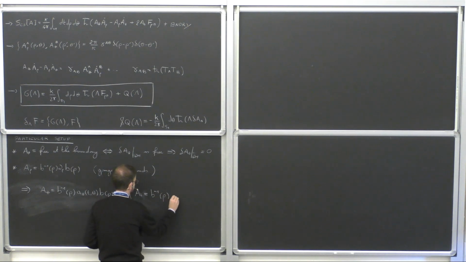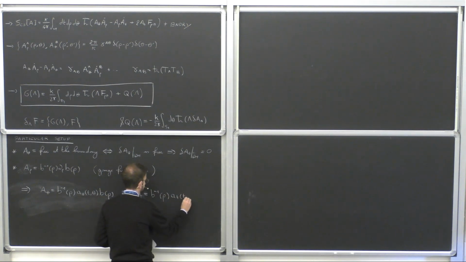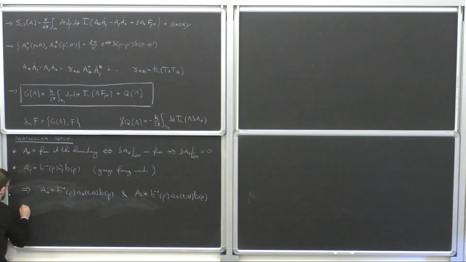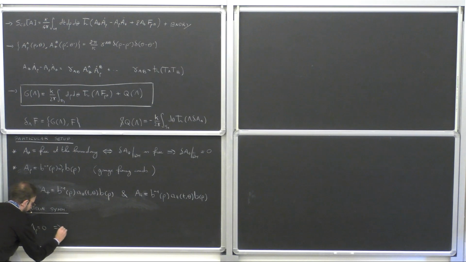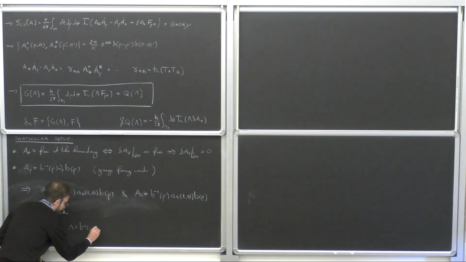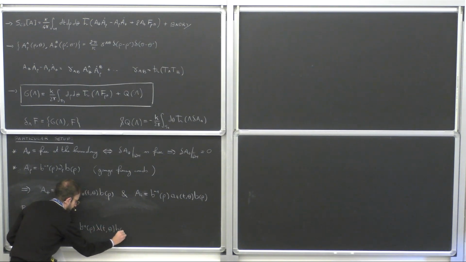And both reasons, even if they have a different interpretation, boil down to imposing the equations of motion. Okay, and then I just copy what I have written before: delta rho equal to 0 implies that the residual lambda takes this particular form, lambda of t, theta, rho.